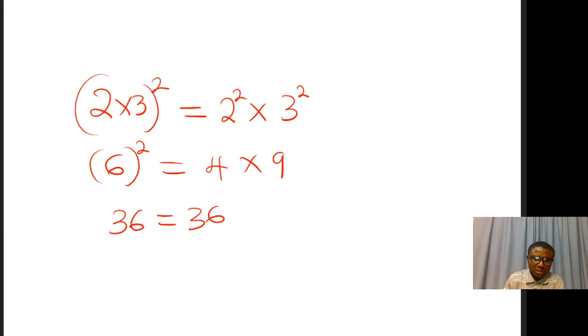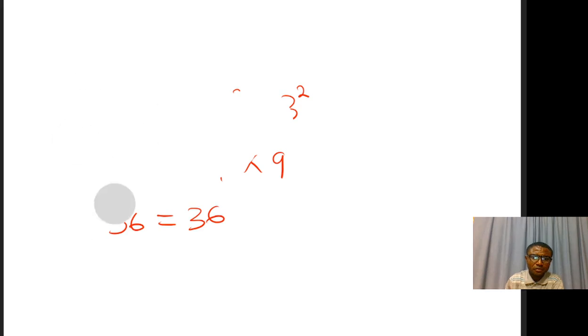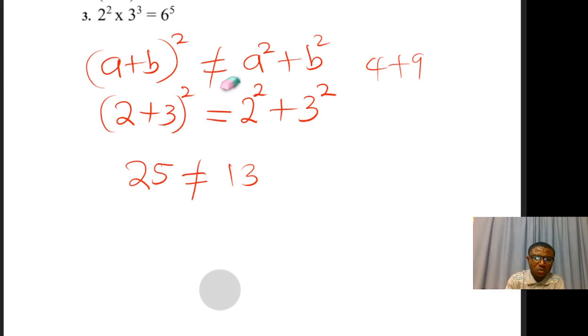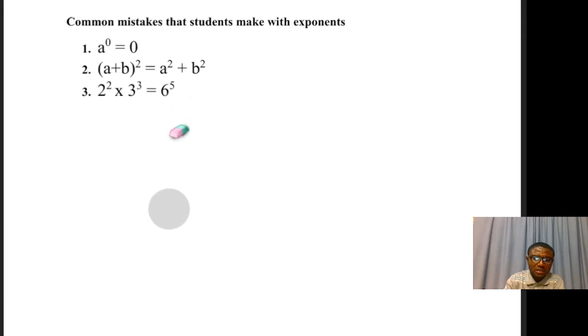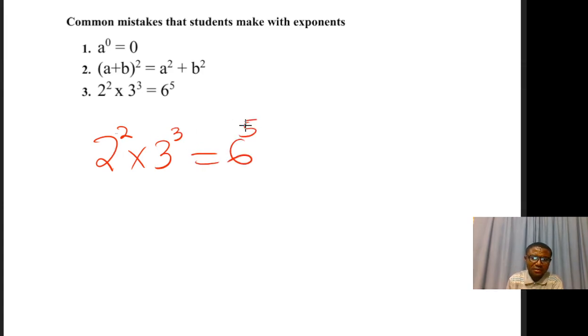Okay, now let's go back to the last one there. So for the last one, which is number 3 of these common mistakes that students make, now you are having 2 to the power of 2 times 3 to the power of 3, and a student is adding the powers, 2 plus 3, 5.